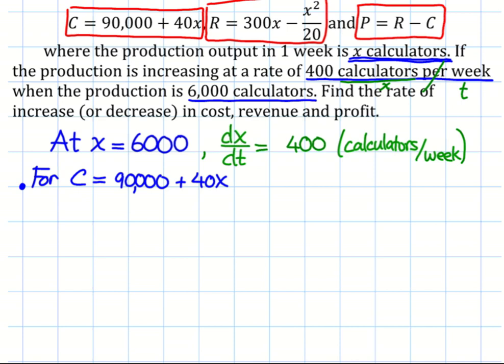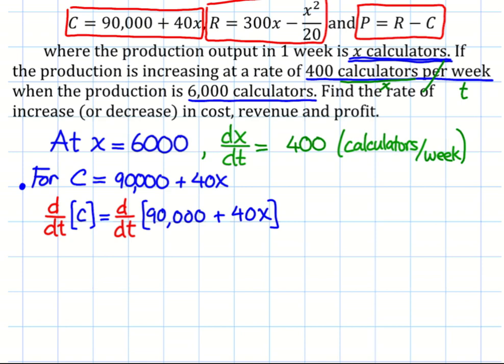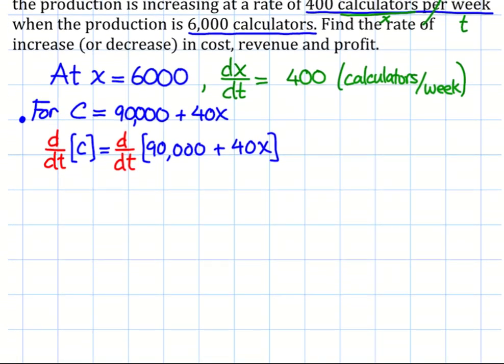So what we do is we take the derivative with respect to t on both sides. So we assume everything is a function of t, and then we differentiate with respect to t.